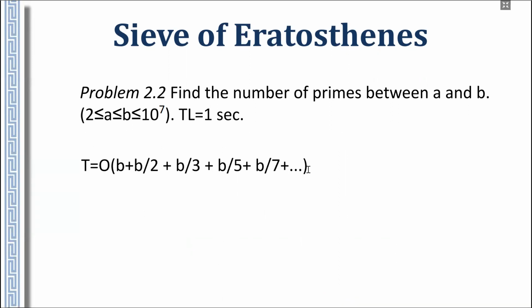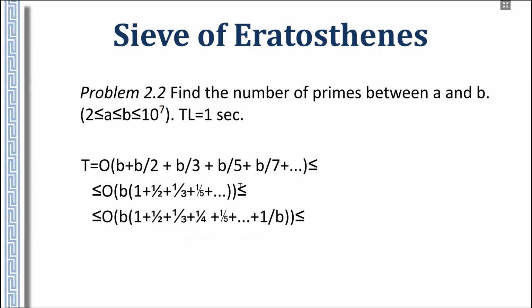Let's look at this sum, and we can say that B goes outside of the brackets, and we have such a sum. Yes, here are only prime numbers, but we can add summands with other numbers.